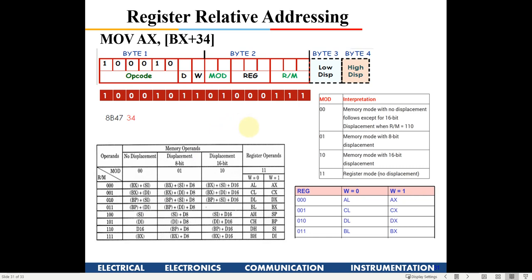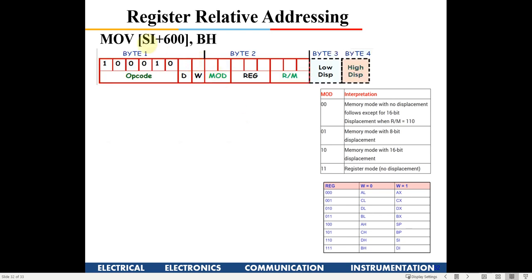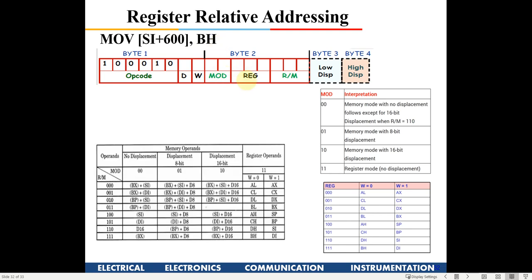Okay. So we take one more example where we are moving SI plus 600. Here the difference is this is the memory location, this is the register. So now D has to be 0 here, because from the register you are going to the memory location.